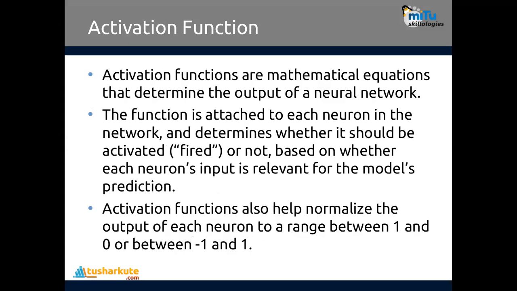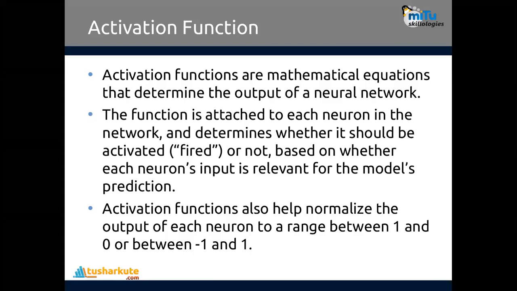They are the mathematical equations that determine the output of the neural network. These may be mathematical equations that you already know, and they are commonly used here. The function is attached to each neuron in the network and determines whether it should be activated, or fired, or not, based on whether each neuron's input is relevant for the model's prediction.